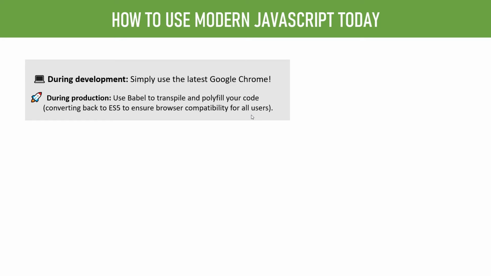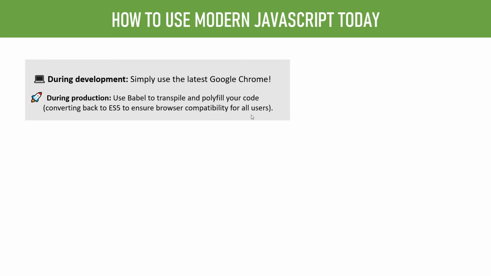We cannot control which browser the users use, and we also cannot assume that all our users always use the latest version of the browsers, right? Now, the solution to this problem is to basically convert this modern JavaScript back to ES5 using a process called transpiling and also polyfilling.